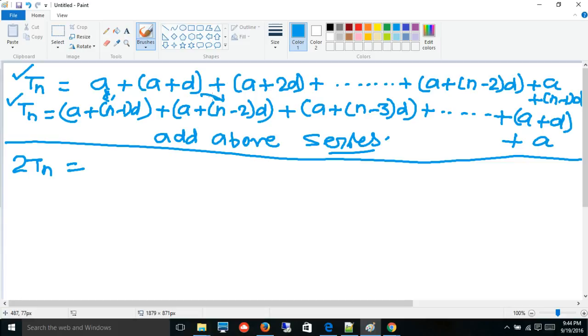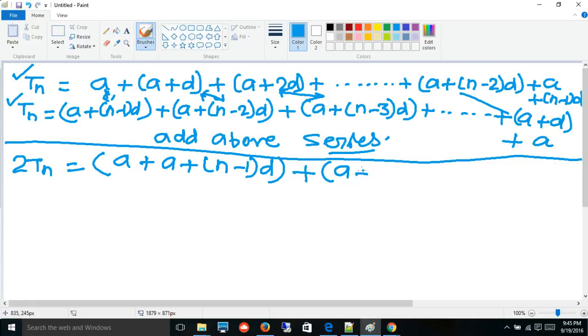So the first term is a plus n minus 1 into d plus a. The second term is a plus d plus a plus n minus 2 into d, plus and so on.